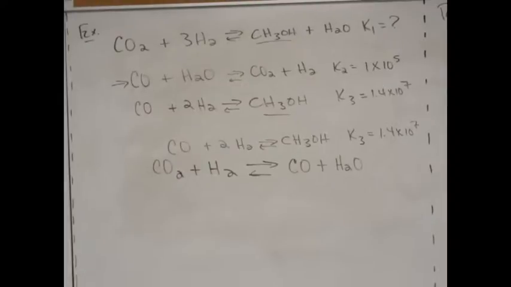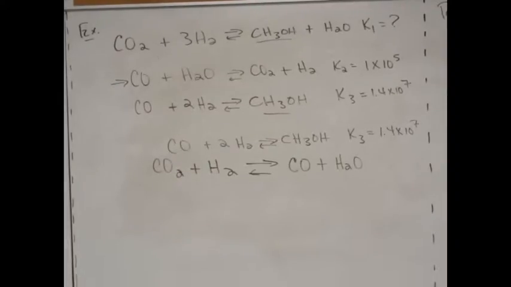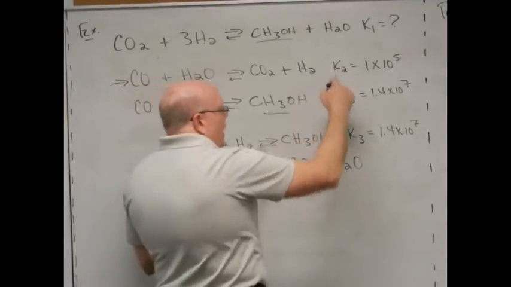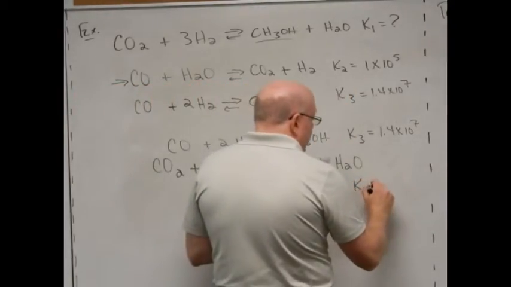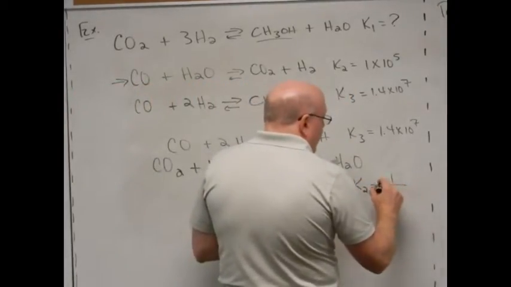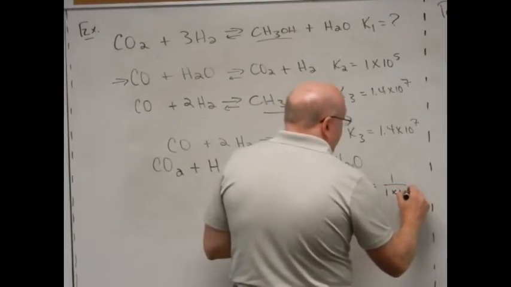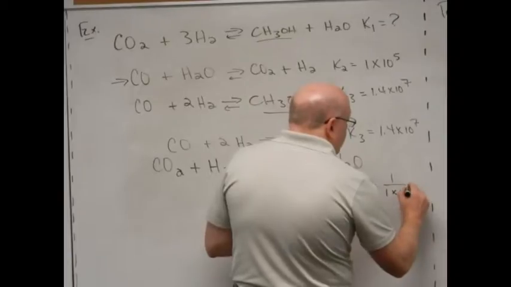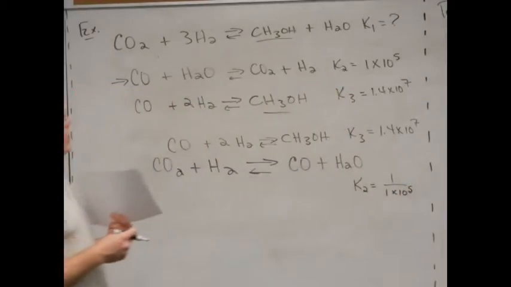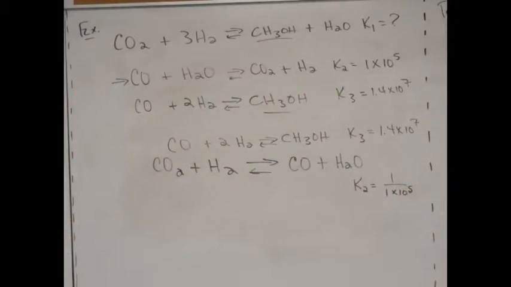I flipped the reaction around. Remember, the rule says if you flip a reaction around, we have to change the K2. K2 now is 1 over 1 times 10 to the 5th. So I reverse the reaction and take the inverse of it.